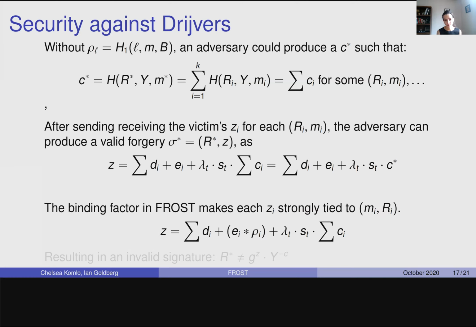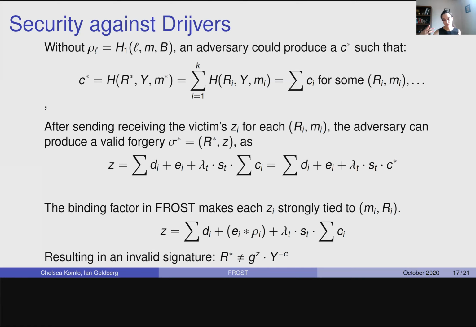Importantly, this binding factor rho makes it so that every response is strongly tied to some message and some commitment. Looking at this bottom line, this is what FROST does: it includes this binding factor.